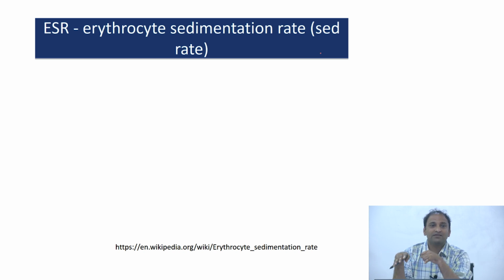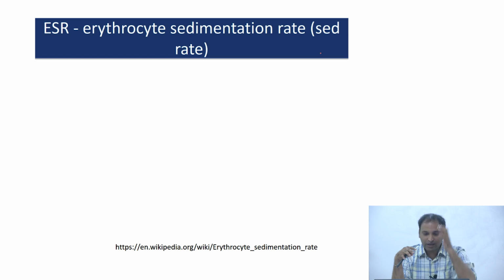Plus it is also one of the nice ways of finding out if there's inflammation. Whenever somebody has some disease, there's going to be inflammation. So these sedimentation rate measurements are simple measurements, a first tool for diagnosis.